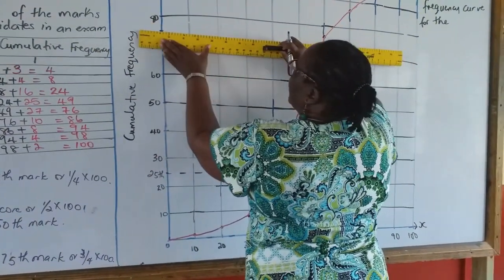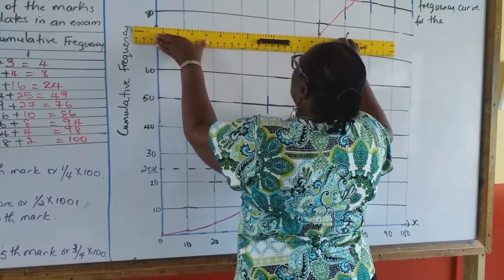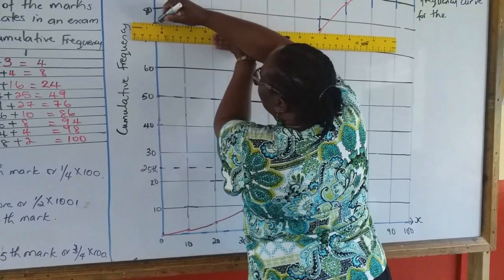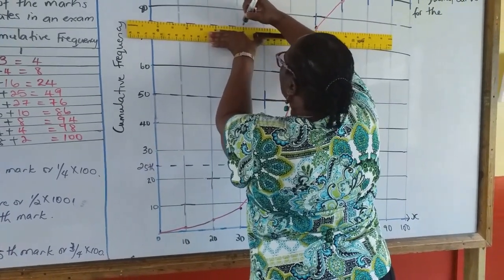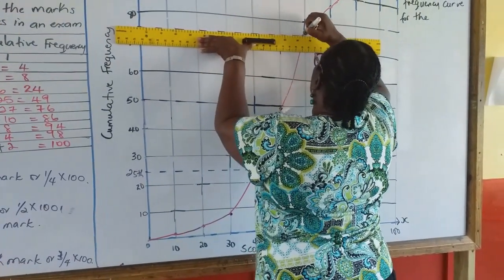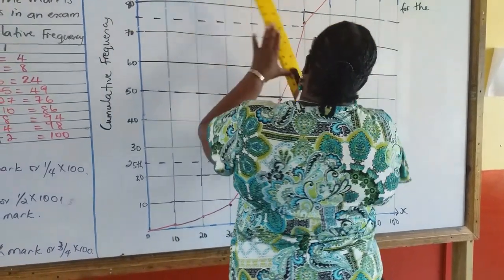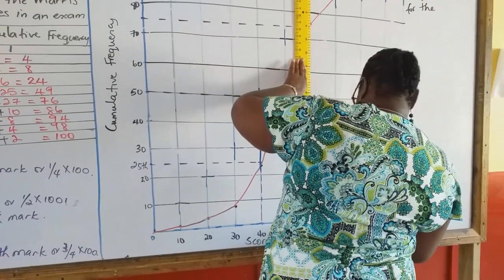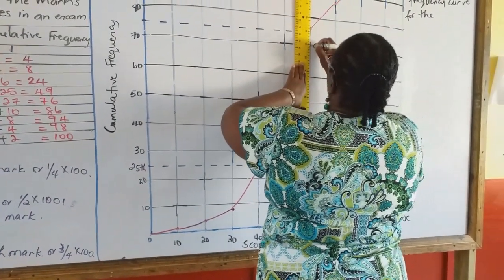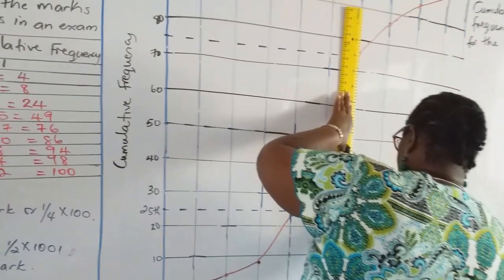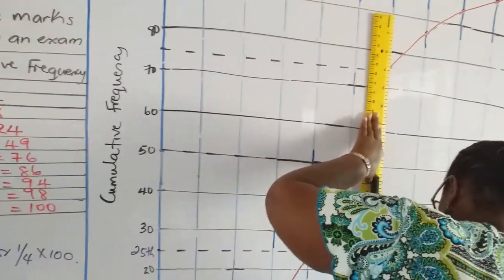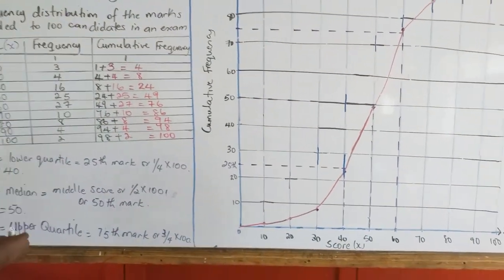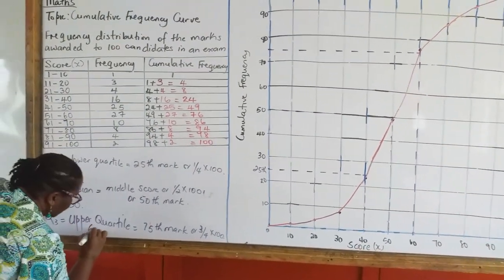We draw broken lines right across, and we come down. So my Q3, the upper quartile, is 60.